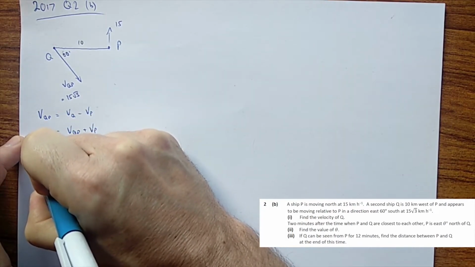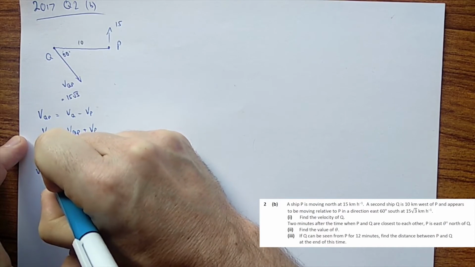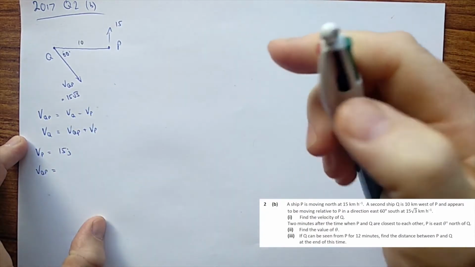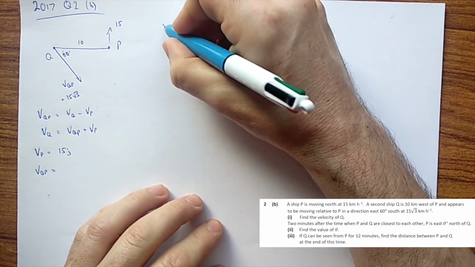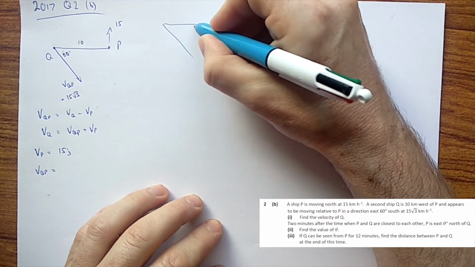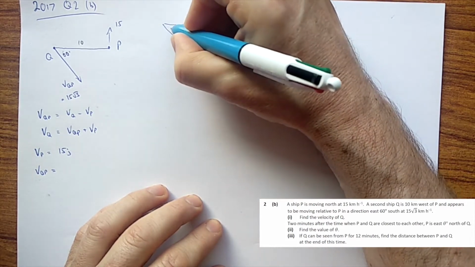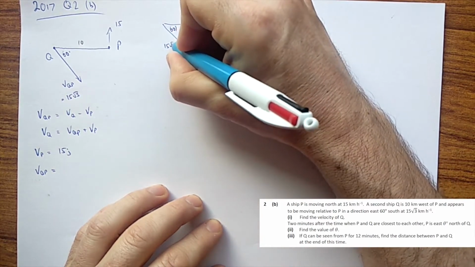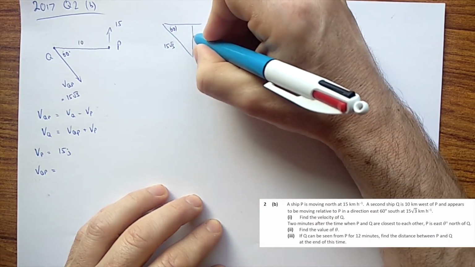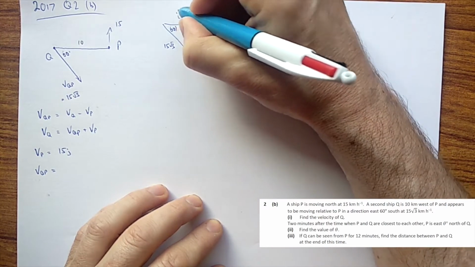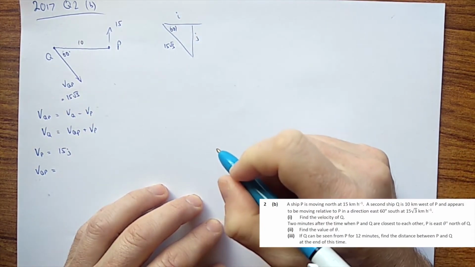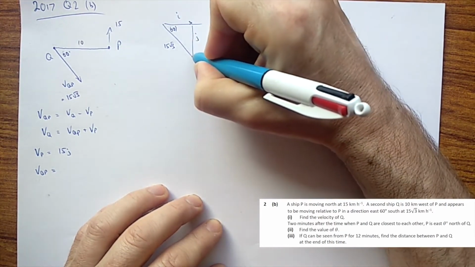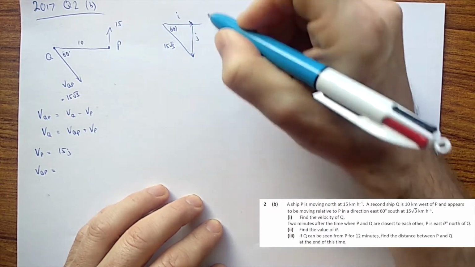VQP is a little bit more annoying. So I want to do a small little sketch here on the side. That's 60 degrees, 15 root 3. And we have our i component and our j component over there. It's going to go down, so it's going to be plus i and minus j.